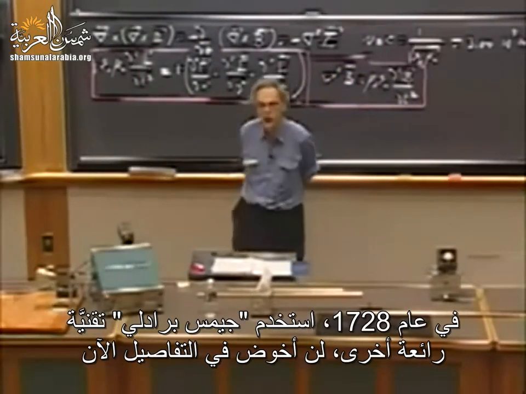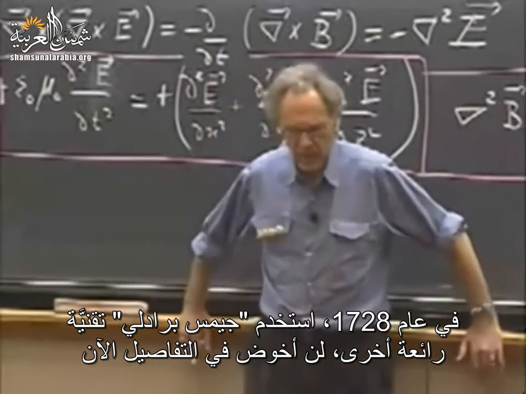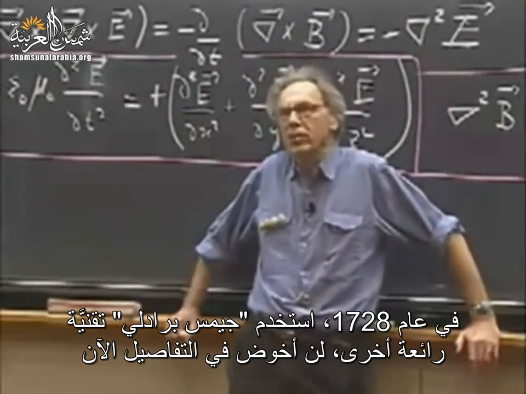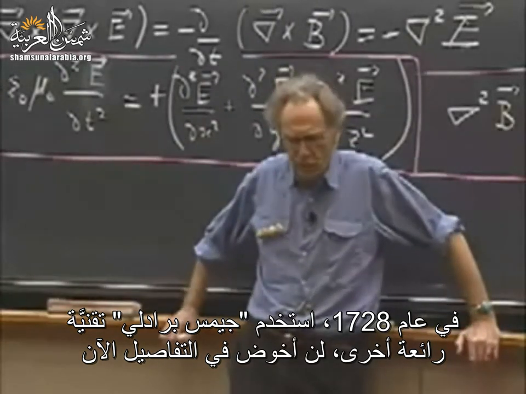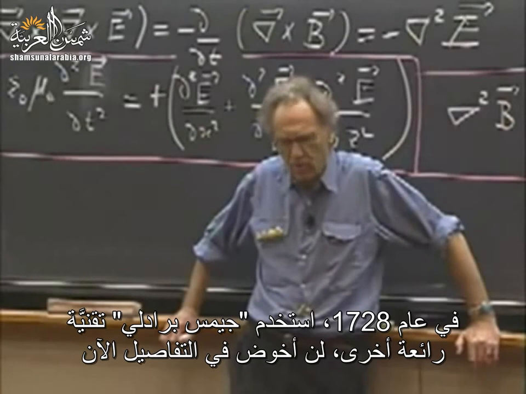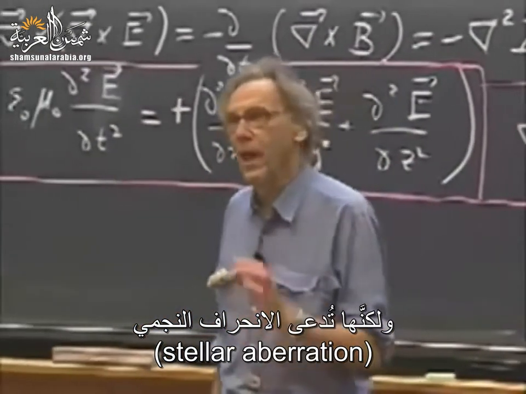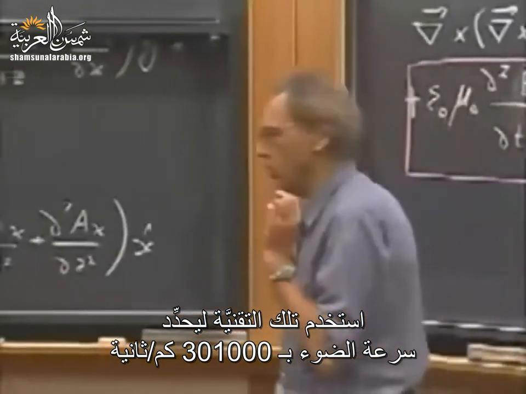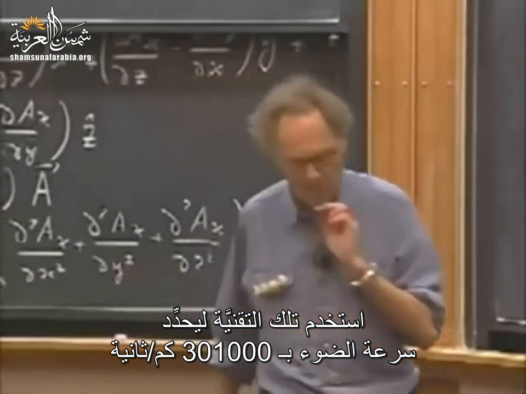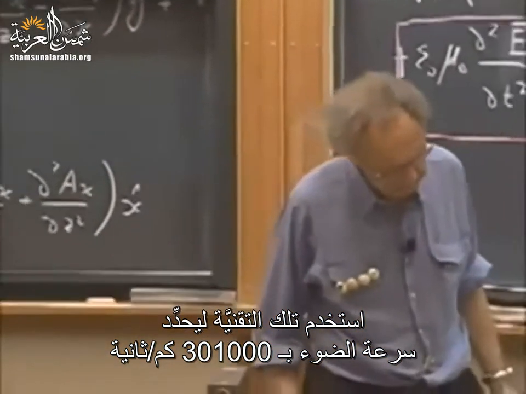And then in 1728, James Bradley used another brilliant technique. I will not go into the details, but it's called stellar aberration, and he used that technique to determine that the speed of light was 301,000 kilometers per second.